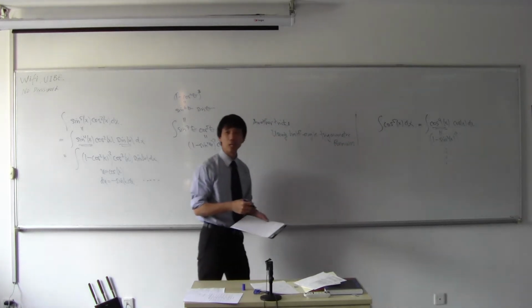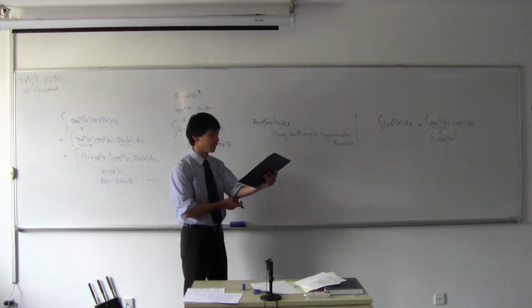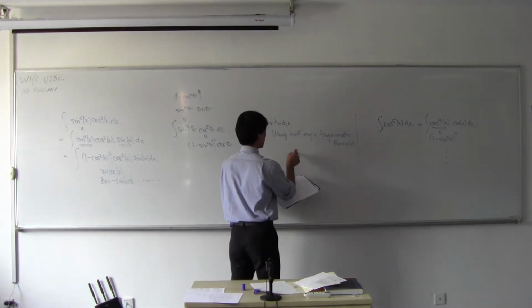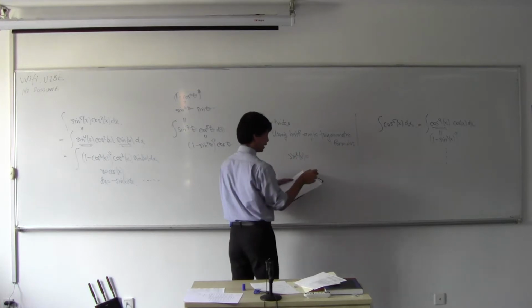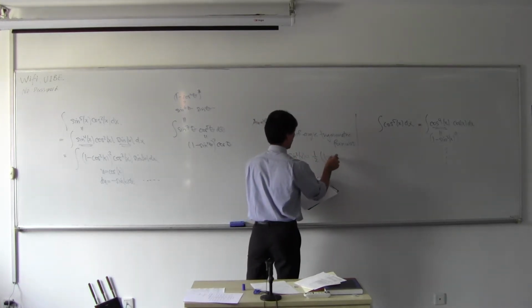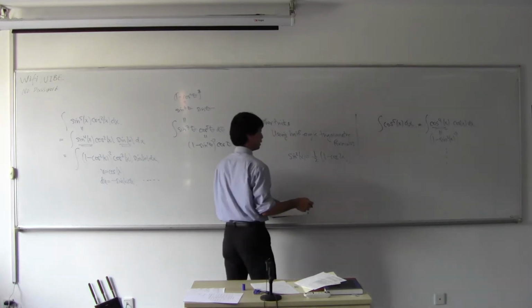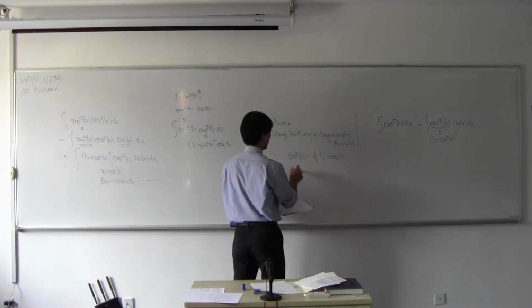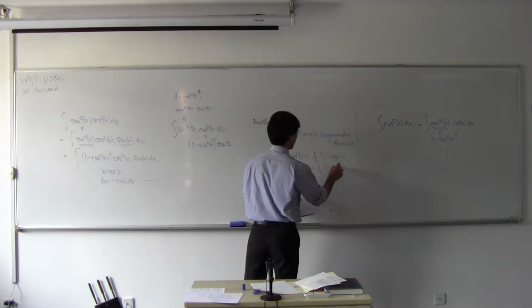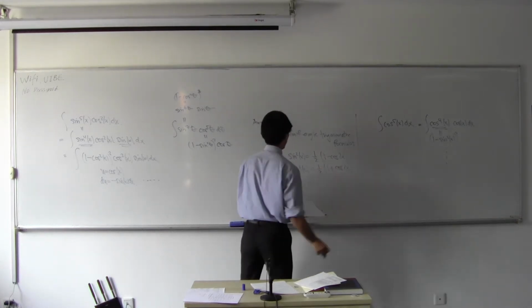From trigonometry, if you remember your trigonometry, and I usually don't, there are these half-angle formulas, which tell you that sine squared x can be expressed as 1/2 of 1 minus cosine 2x, and cosine squared can be expressed as 1/2 of 1 plus cosine 2x.